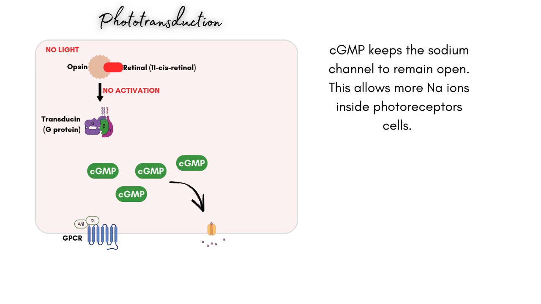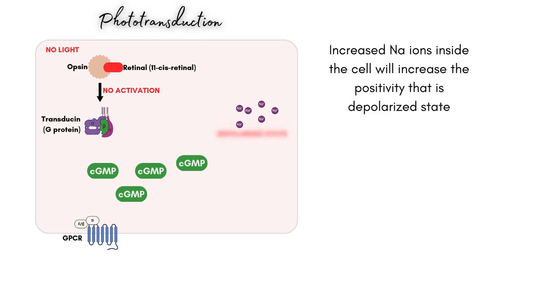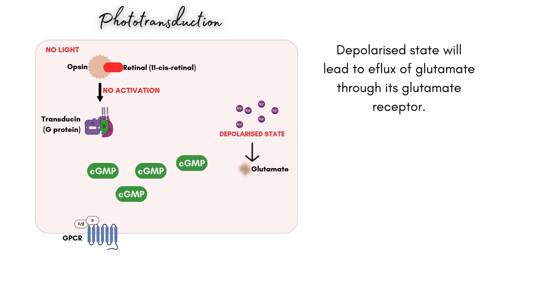This allows more Na ions inside photoreceptor cells. Increased Na ions inside the cell increase the positivity, that is, the depolarized state. The depolarized state leads to efflux of glutamate through its glutamate receptor.